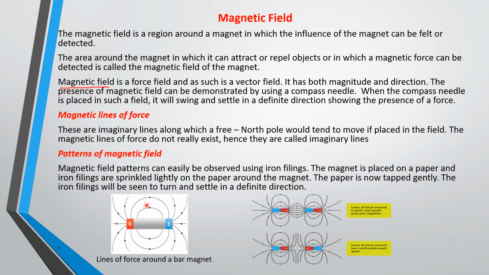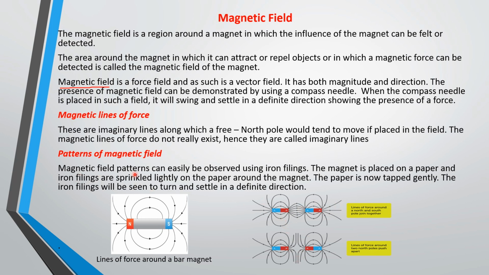Magnetic lines of force are imaginary lines along which a free north pole would tend to move if placed in the field. The magnetic lines of force do not really exist, hence they are called imaginary lines. These are the various patterns of magnetic field.